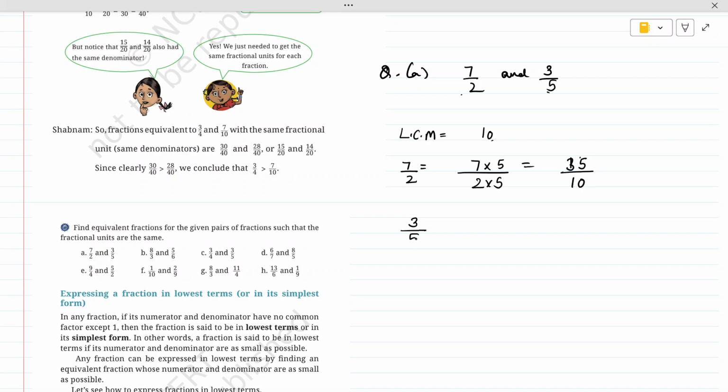Similarly, for 3 and 5, multiply the denominator with 2, multiply the numerator with 2. This will be 6 by 10. So these two are the equivalent fractions of 7 by 2 and 3 by 5. Okay, this is done. Similarly, you have to do the other questions also.